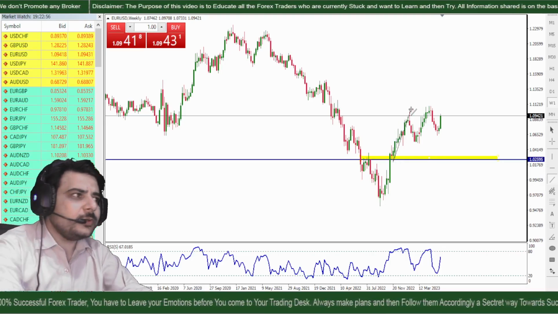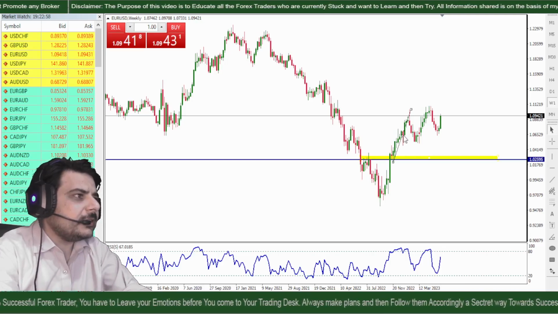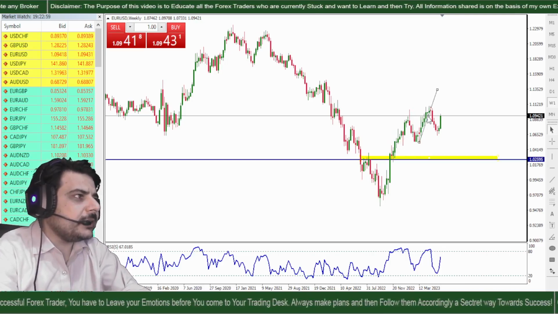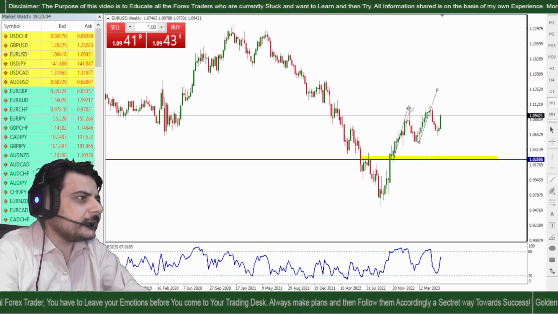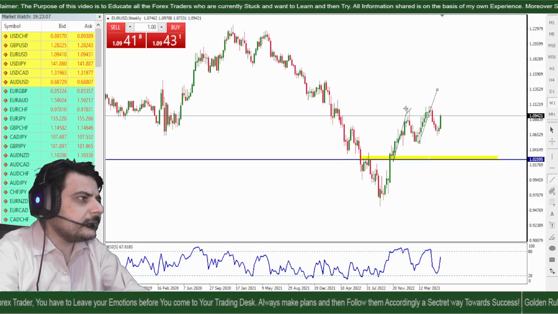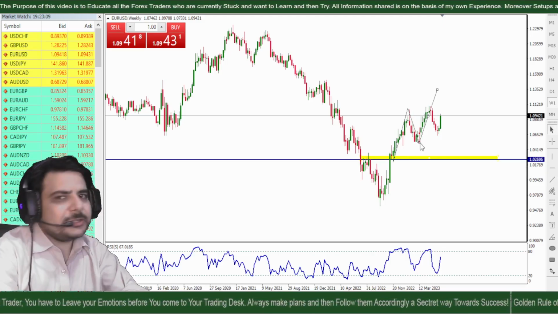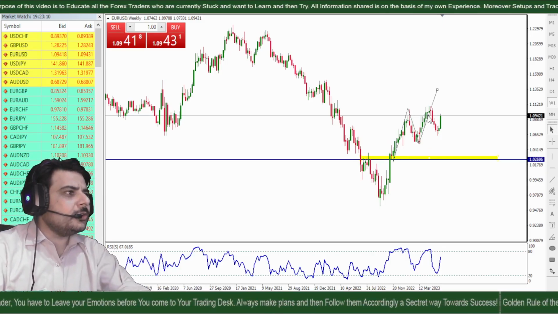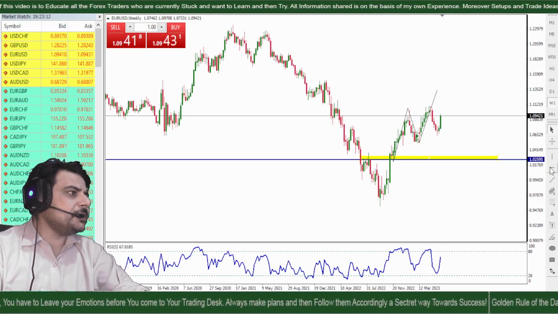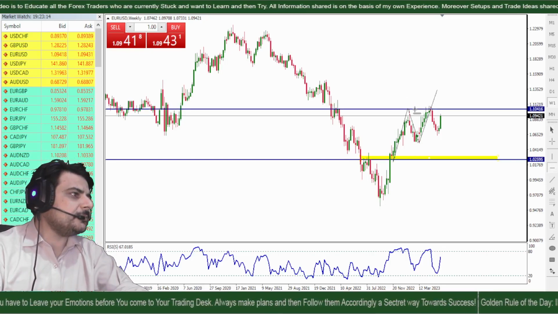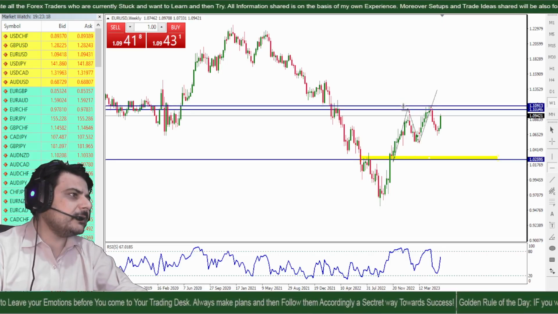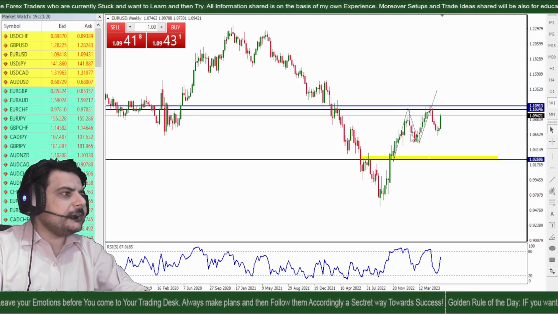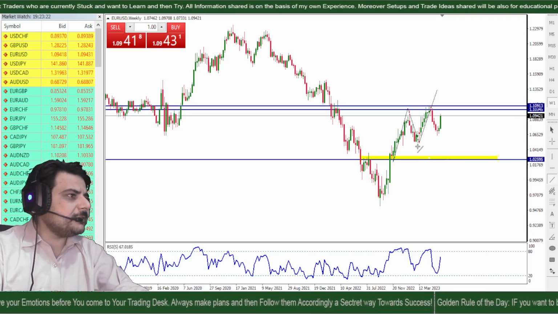Obviously if you are following me, you must have understood my level, and this is clearly now showing a bullish wave, no doubt. So obviously if it is showing me a bullish wave, there is a resistance we have right here as well, and another impulsive wave right here.